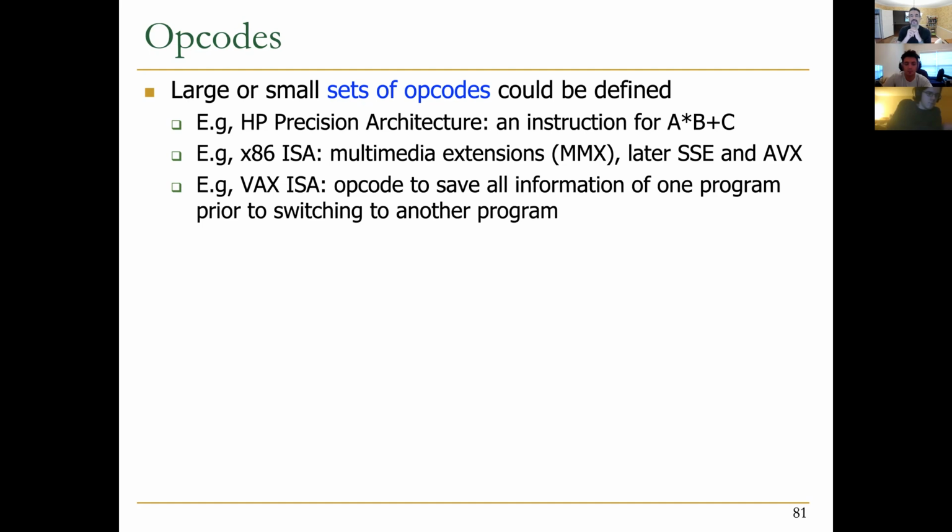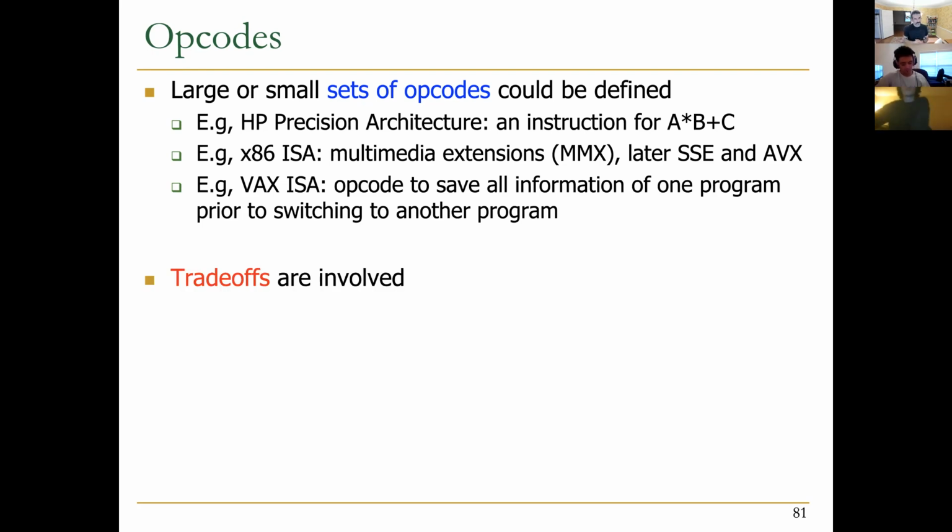It had, for example, an opcode to save all information from one program before jumping or switching to another program. That was one very complicated opcode in this particular ISA. If you search for it on Google, you will find documents defining typically very complex instructions in this ISA, compared with what you have already seen in MIPS, for example, or LC3.